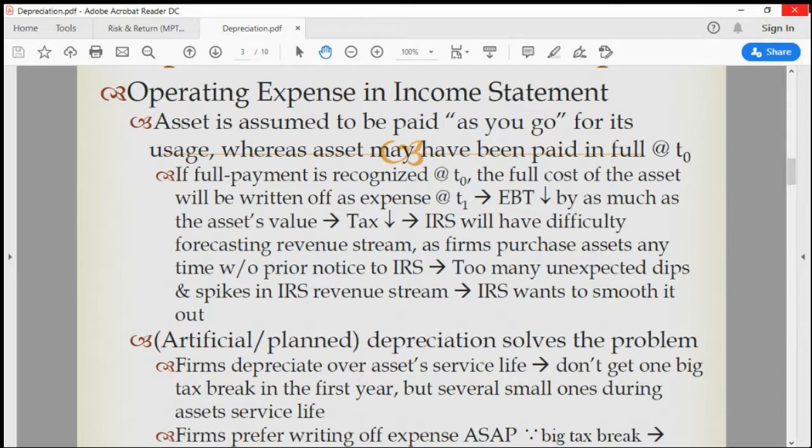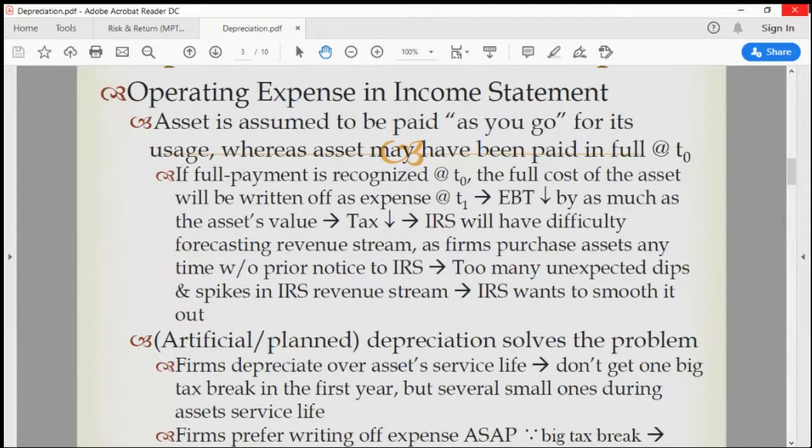Then you might wonder, why? I mean, isn't that the same thing? I mean, in year 1, if you write off $50,000 as expense in year 1, then your taxable income will be lower by 50K. You pay less taxes by as much as that.